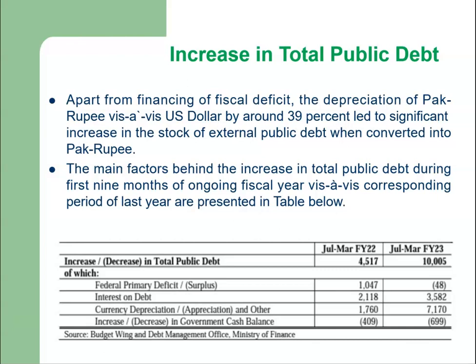Out of this, the federal primary deficit or surplus is 48 billion, interest on debt is 3,582 billion in fiscal year 23, and the currency depreciation or appreciation and other, that includes 7,170 in the current fiscal year, where it was 1,760 in the previous year. There has been a decrease in the government cash balances by 699 billion rupees as against 409 billion rupees last year.